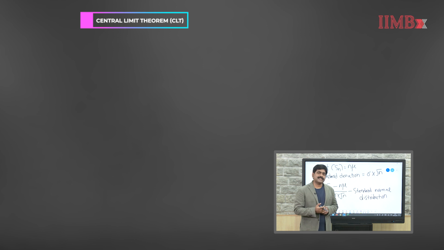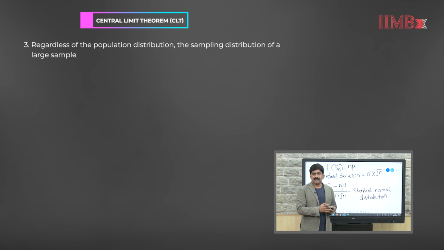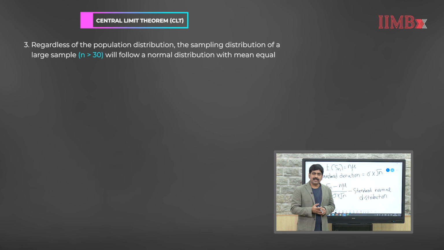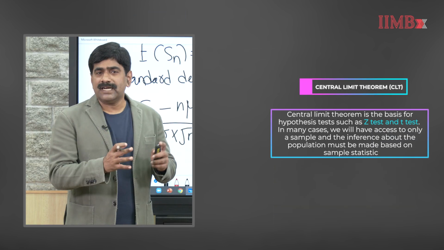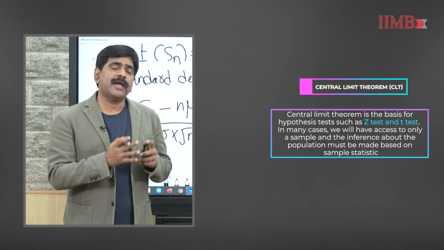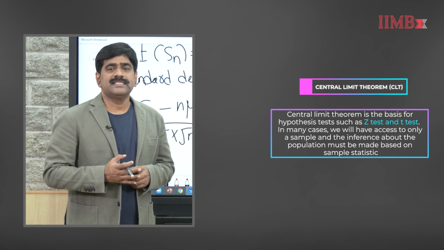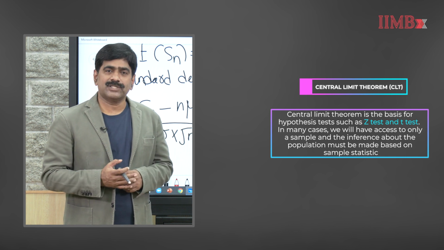The third property is that regardless of the population distribution, the sampling distribution of a large sample, we assume that if the number of records is greater than 30, then we assume it is a large sample, will follow a normal distribution with mean equal to the population mean and standard error sigma divided by under root n. Central limit theorem is the basis for hypothesis tests such as z-test and t-test and so on.